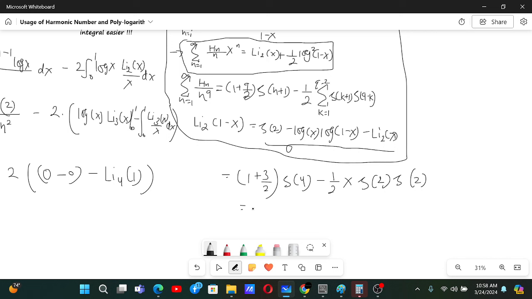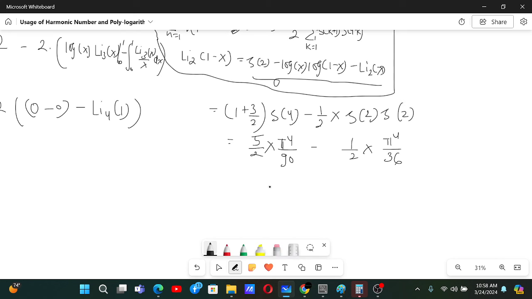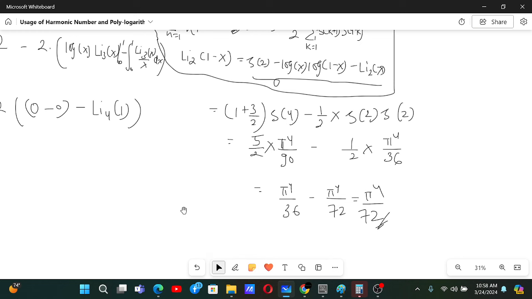So what do we get? 5 by 2 times, this is pi to the power 4 by 90, minus 1 by 2, this is now pi to the power 4 by 36. So what do you get? Pi to the power 4 by 36 minus pi to the power 4 by 72, that is pi to the power 4 by 72.